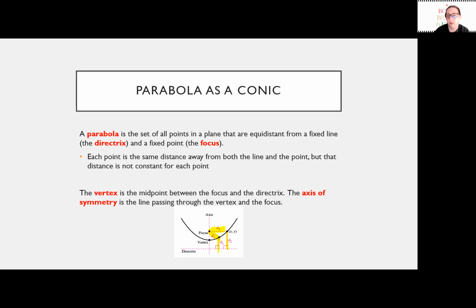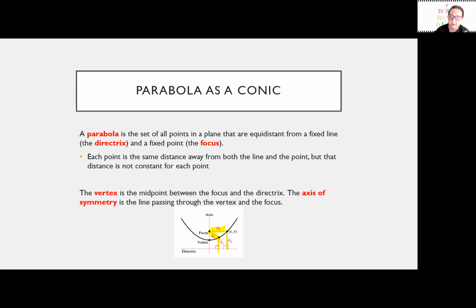So when we define a parabola from a conic viewpoint, it's not in regards to what the equation looks like at all. We're looking at the distance points are from certain things that we've named, the focus and the directrix. We still have a vertex of a parabola, and the vertex is still what it was when you learned about parabolas in college algebra.